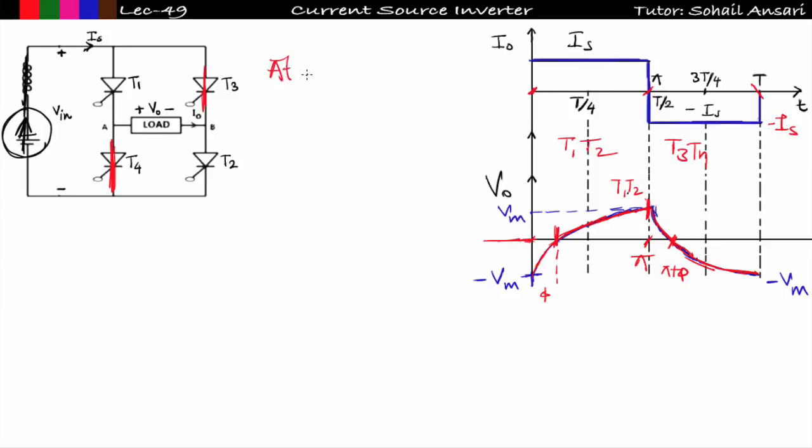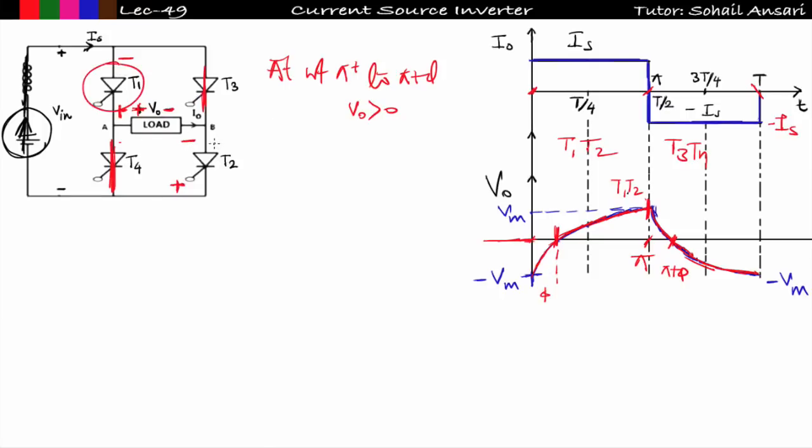So from pi to pi plus phi, V naught is greater than 0, means the polarity of V naught will be the same as it is. So see here, when T3 is shorted and T4 is shorted, this negative terminal is connected with the anode of T1 and this positive terminal is connected with the cathode of T1. So this T1 will go into reverse bias. Similarly, this positive terminal is connected with the cathode of T2 and this negative terminal is connected with the anode of T2.